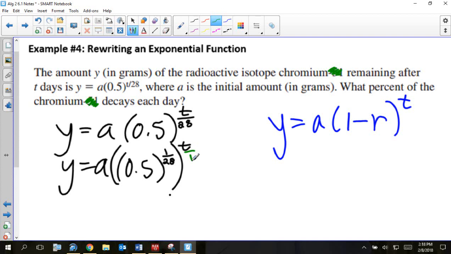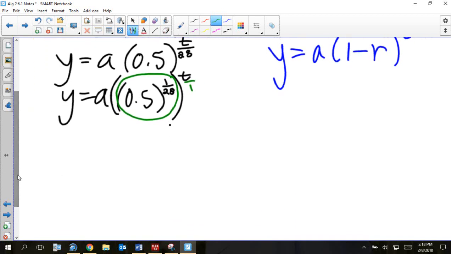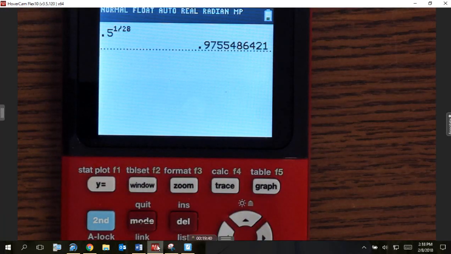Then you have to find this answer on your calculator. So we're going to type in 0.5 to the 1/28. We'll leave it on our calculator for a little bit. We get a big old decimal.